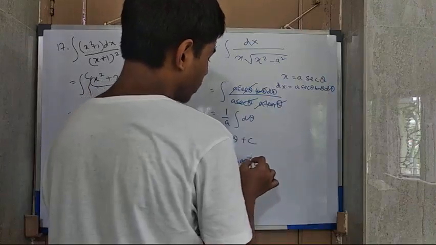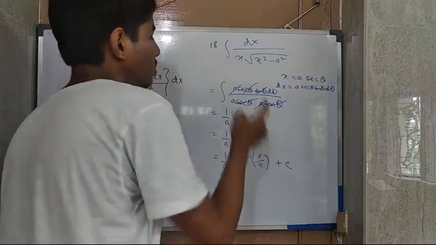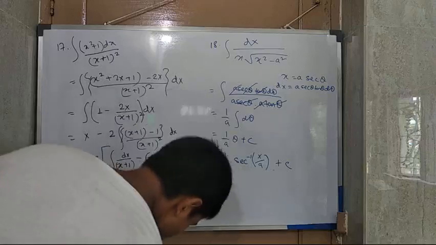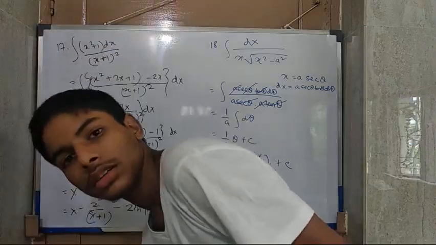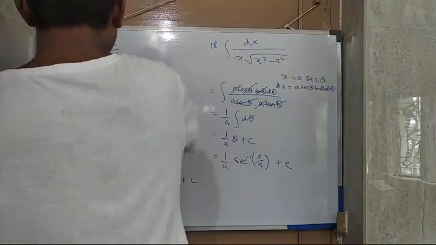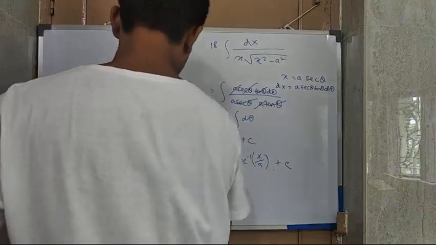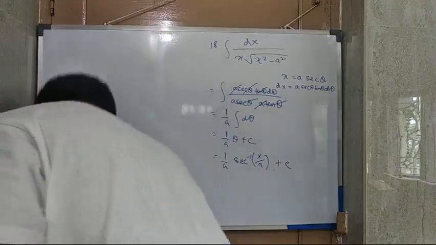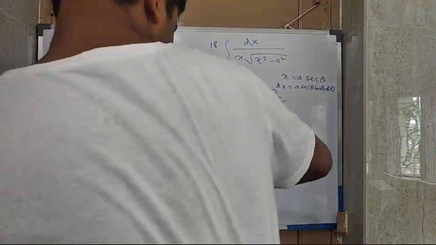So the answer is 1 by a sec inverse x by a plus c. So this is the answer for the 18th question. Now let's proceed for the 19th one. I have to turn the page.